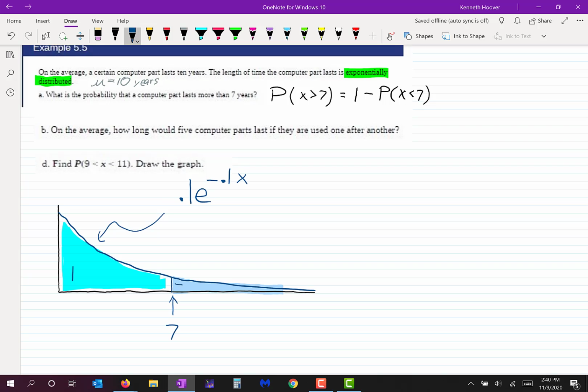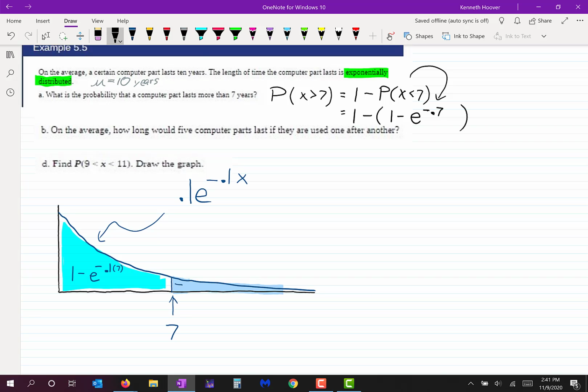That is equal to 1 minus e to the negative m times 7. Okay, so what we have here is 1 minus, and then this part here is 1 minus e to the negative 0.7.